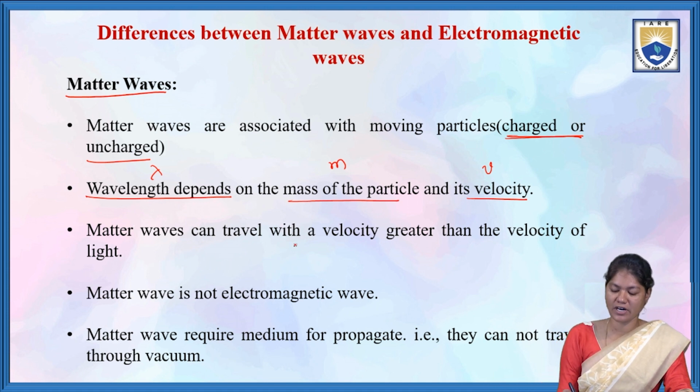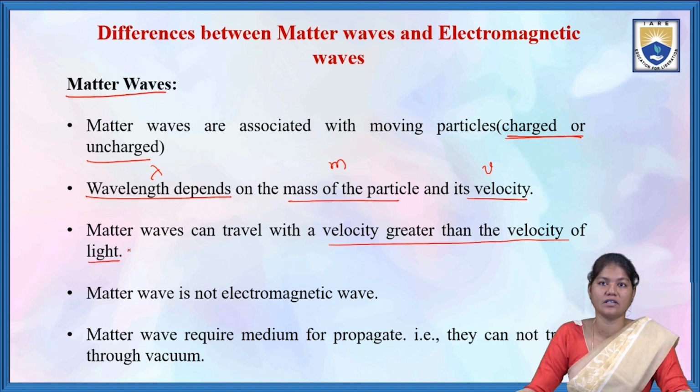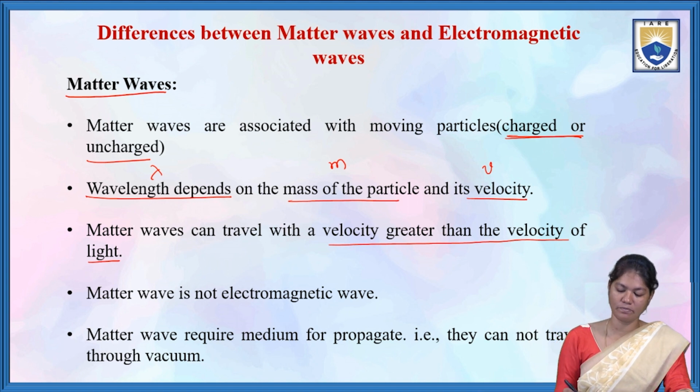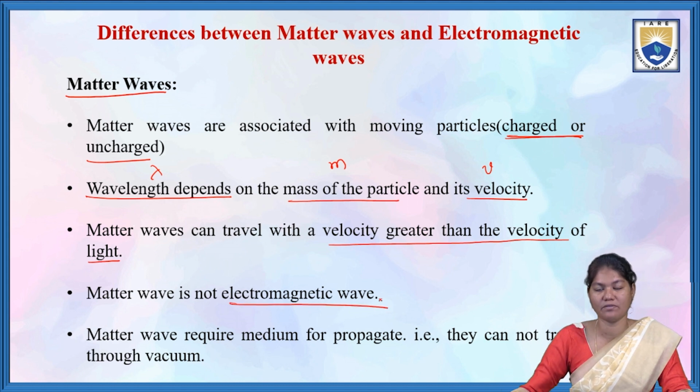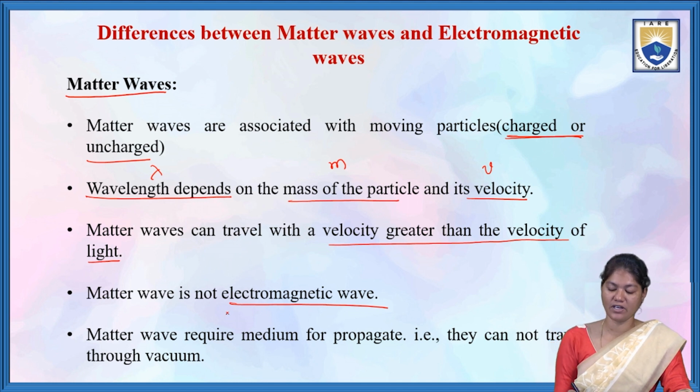Matter waves can travel with a velocity greater than the velocity of light. So a matter wave is not an electromagnetic wave.